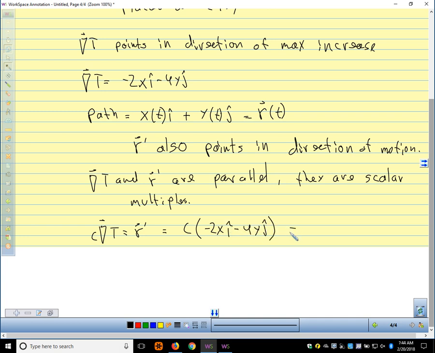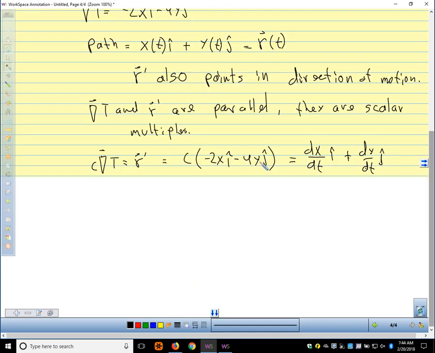And I'm going to write r prime as dx/dt i hat plus dy/dt j hat. That's my velocity vector. Well, let's equate components. Since these are the same, we're going to equate components.